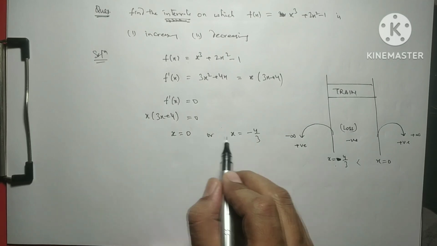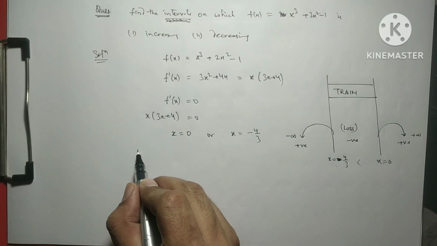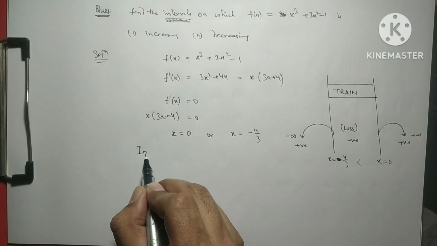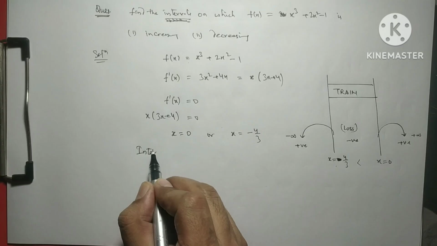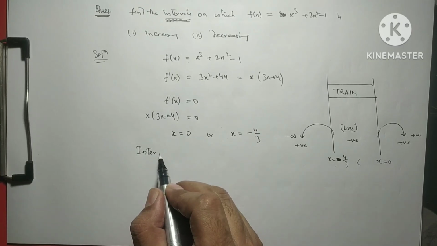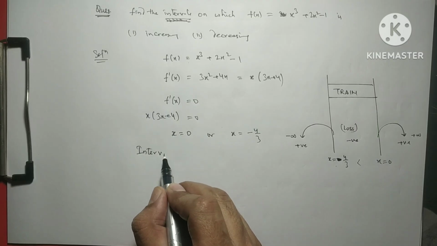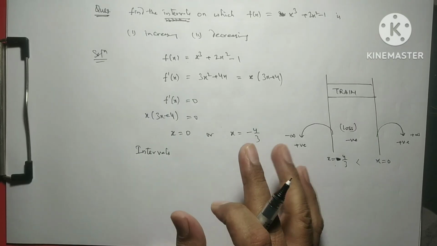So we get the two values, and now we make the intervals. The number of intervals is one more than the number of values of x. We have two values, x equals 0 and x equals minus 4 by 3, so we have three intervals.